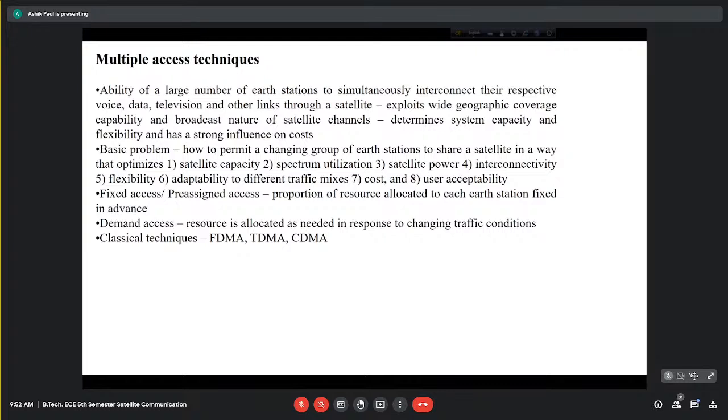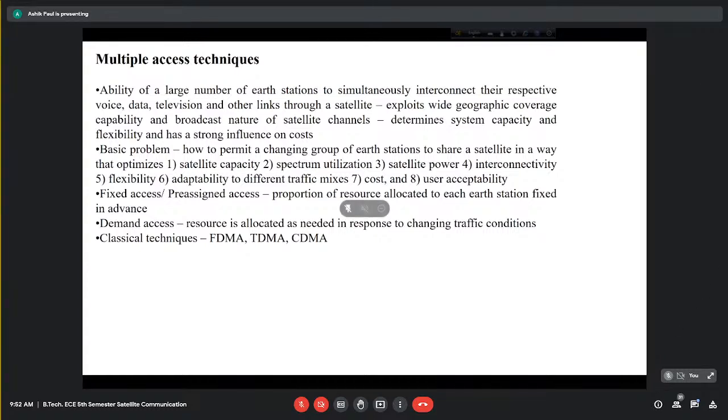And this demand access or demand assignment also plays a very important role when, for example, there is a natural disaster, or some major air crash or other event has happened.